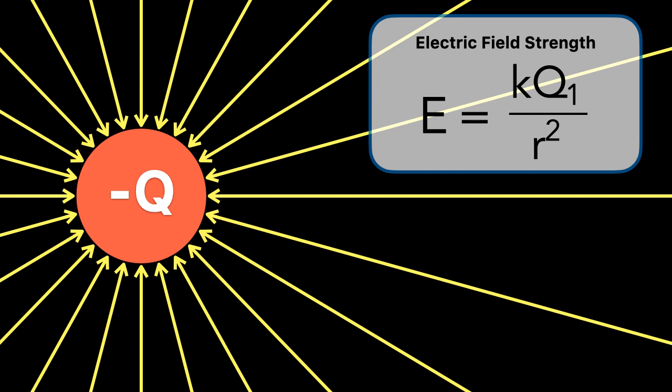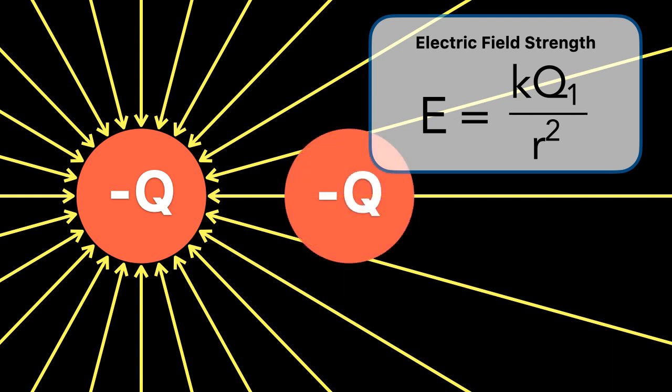It's pretty much the same as the gravitational field strength. The interesting thing about science is that the equation for force or for field strength is really the same for gravity or electric fields. It's just that they have different constants, and instead of masses, it's for charges.